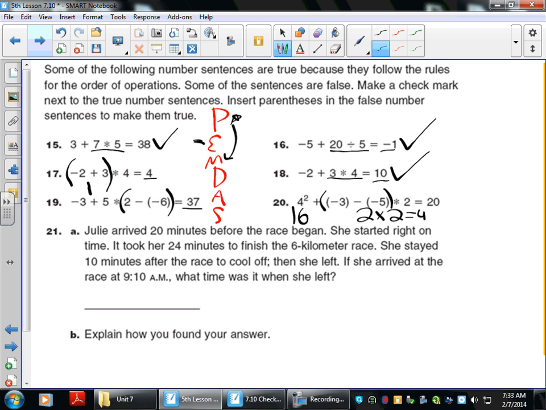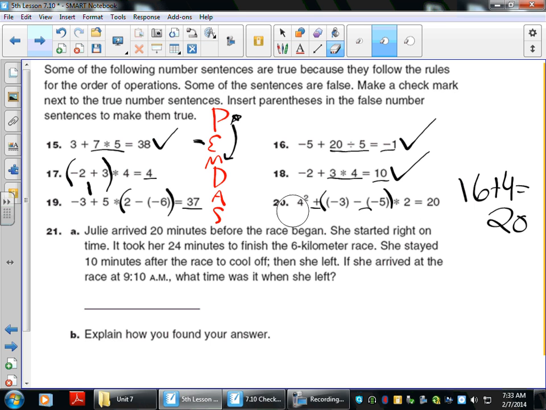So if we combine that, we have 16 plus 4 gives me an answer of 20. Following that order of operations, we turn that exponent into a number. And then the multiplication comes next. 2 times 2 equals 4. 16 plus 4 will give us an answer of 20. So this is where your parentheses should be for this problem.